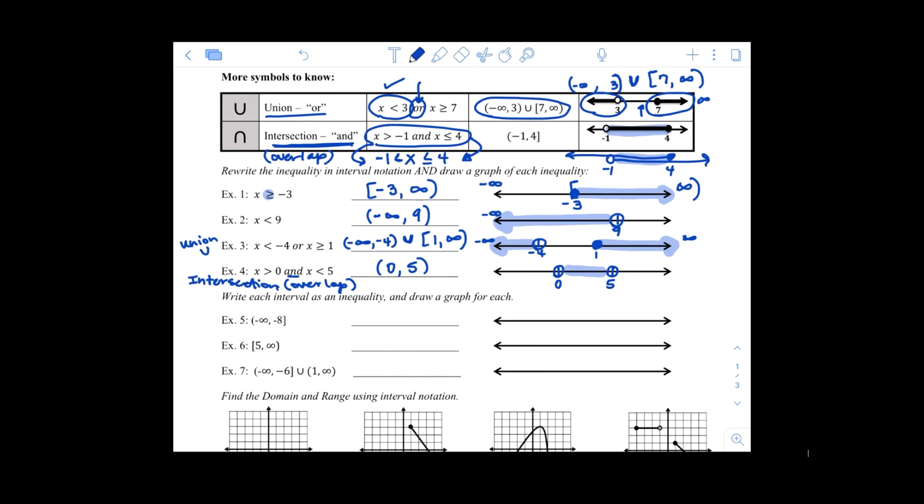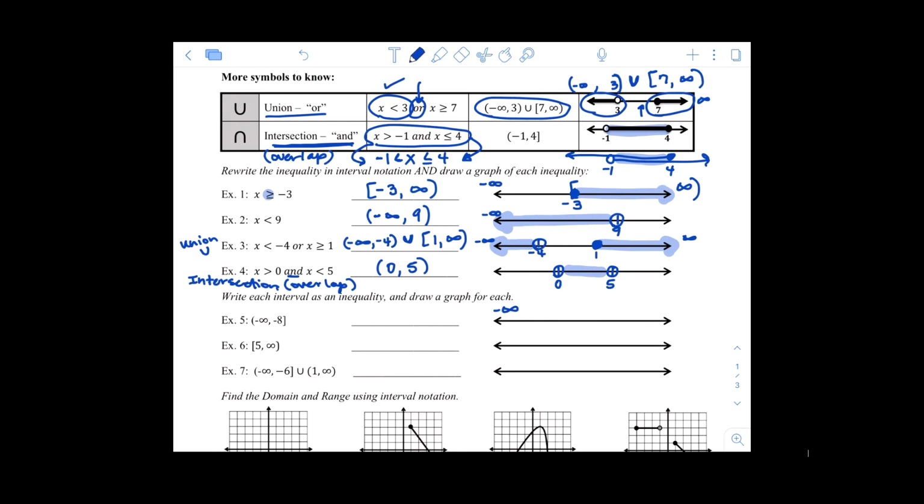Okay, let's reverse it. Write each interval as an inequality and draw a graph for each. Let's start with the graph, and then we'll go back to inequality notation. Now, interpreting this interval. From left to right, we see that our left-hand value is negative infinity. I'm already thinking this portion of the graph.